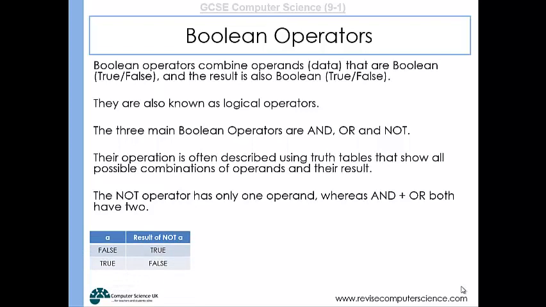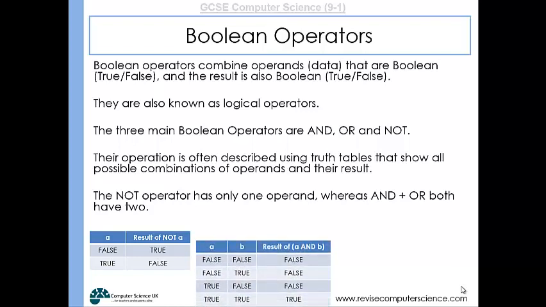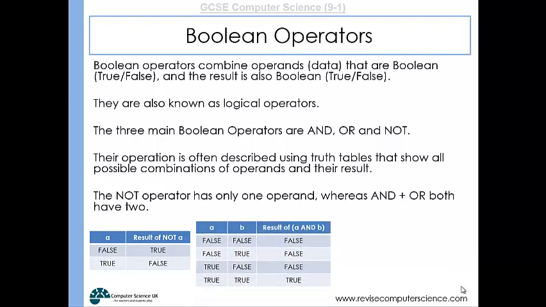So if you look at the not operator, there's only one operand here, only one bit of data, A. And if A is false, then the result of not A is the opposite, it's true. And if A is true, then the result of not A is the opposite, it's false. If we were to look at the AND operator, where we've got two operands, two bits of data, A and B, the result of A and B, using that AND operator, will only be true if both A and B are true.